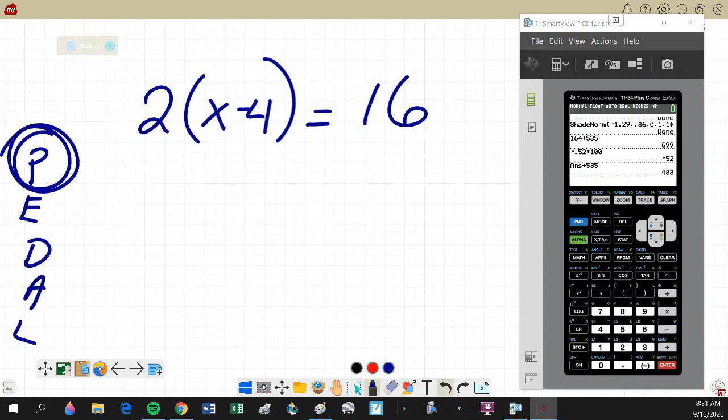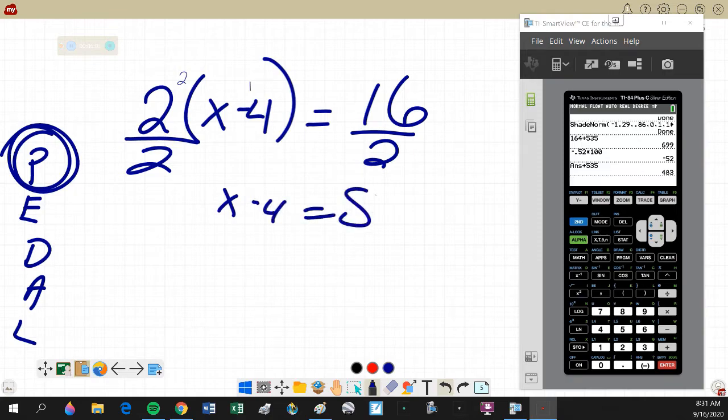Parentheses first. So this is step 1. What happens to the x second? The multiplication is step 2. So when I solve, I have to PEDAL backwards. I divide by 2 because that is the outside layer. And then add 4.